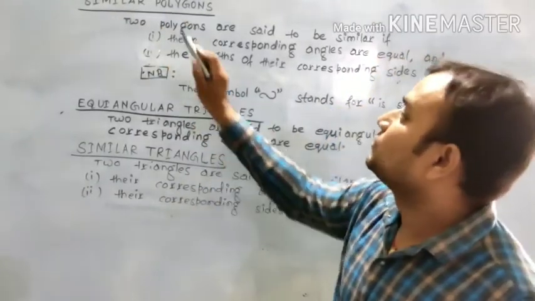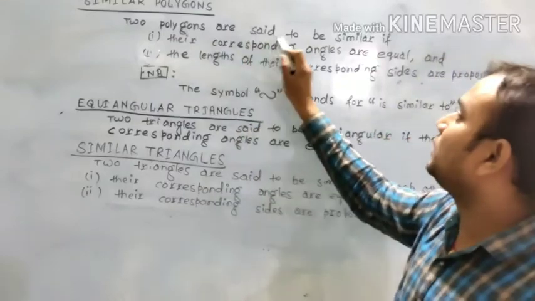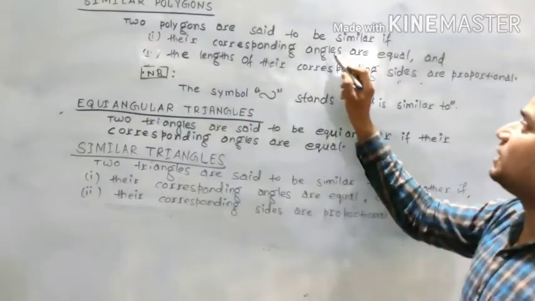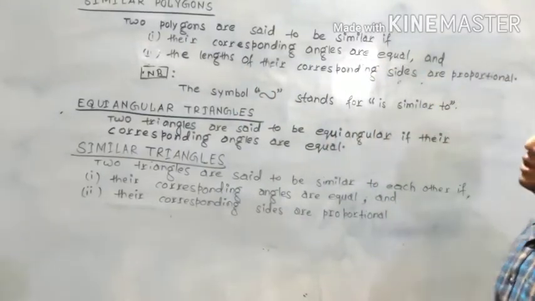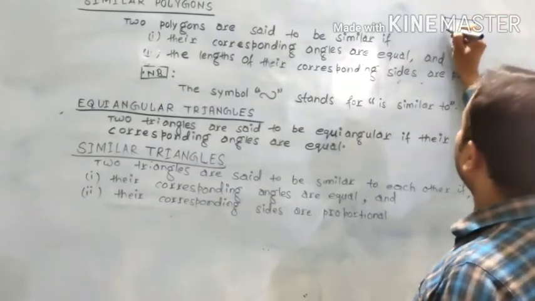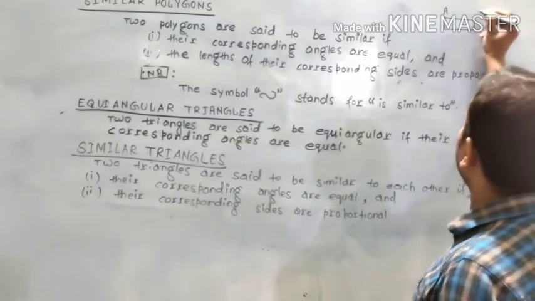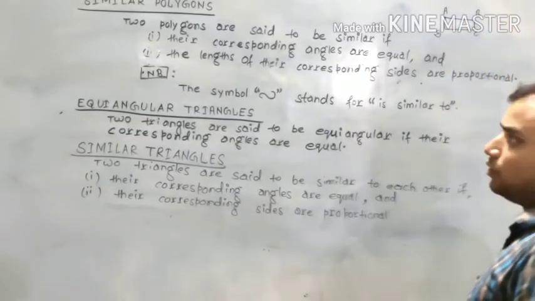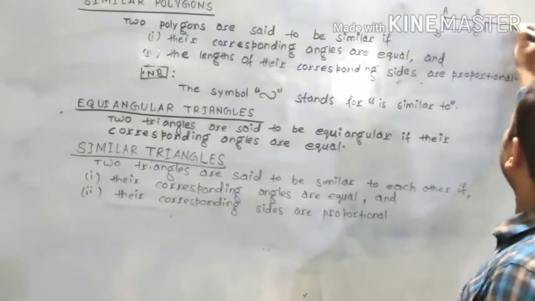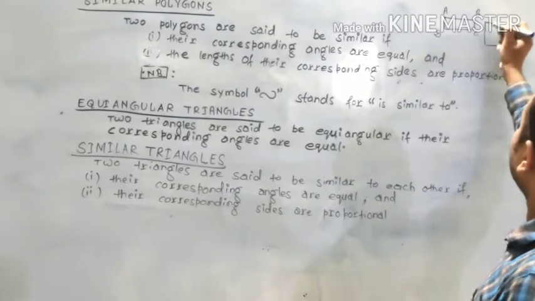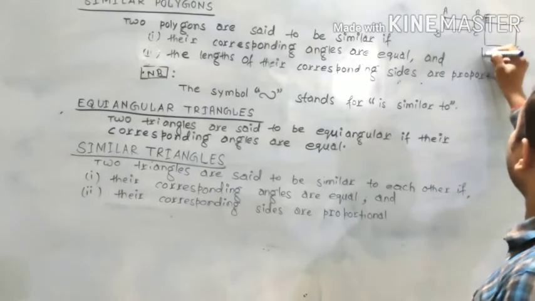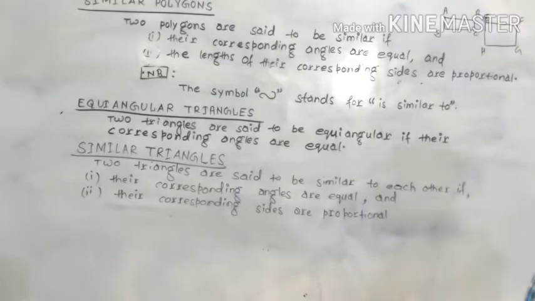Similar polygons: two polygons are said to be similar if their corresponding angles are equal. Corresponding angles mean, if you take polygon ABCD, it is also called a rectangle, and another polygon EFGH is also the same kind of polygon.